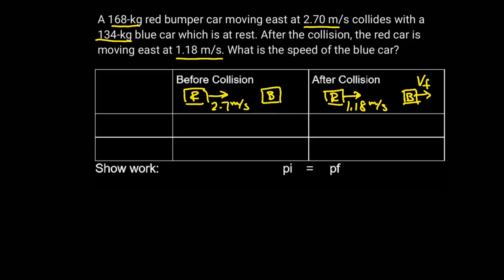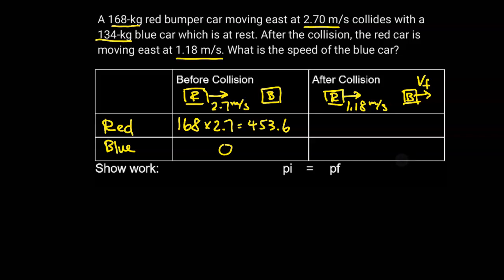We'll call that VF. So our two objects here are the red cart and the blue cart. We want to first find the momentum of the red cart, which is 168 times 2.7, and we get 453.6. The blue cart has no momentum because the blue cart is not moving.